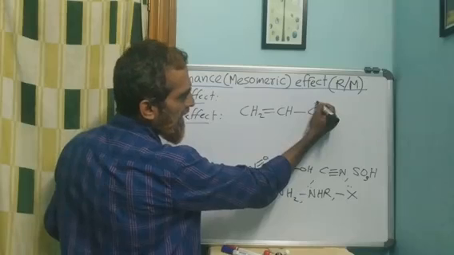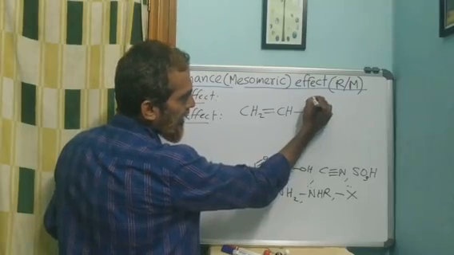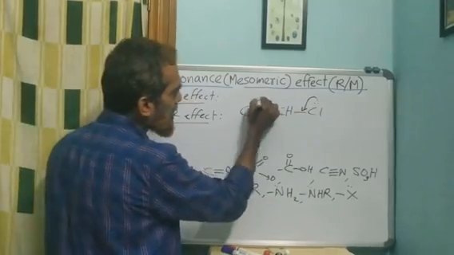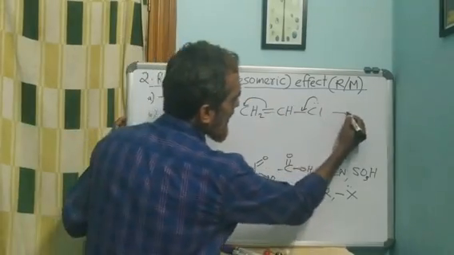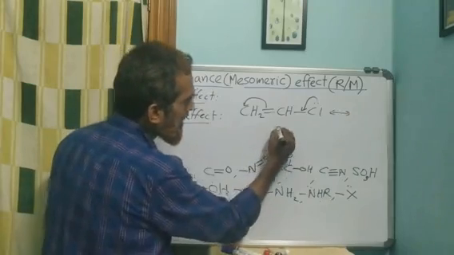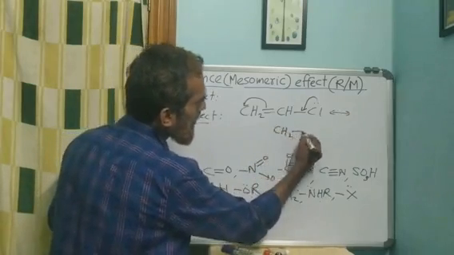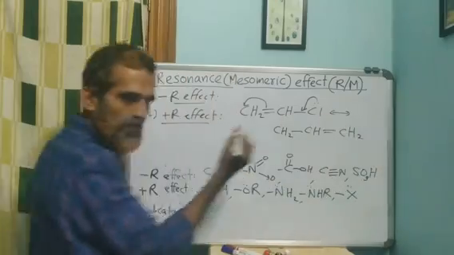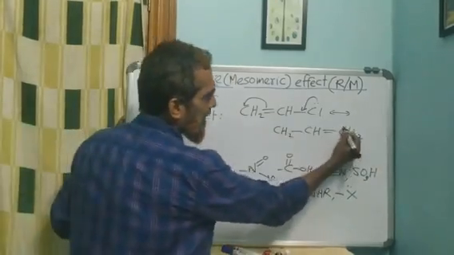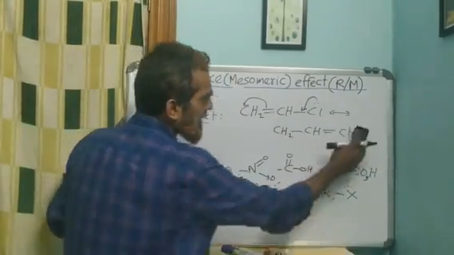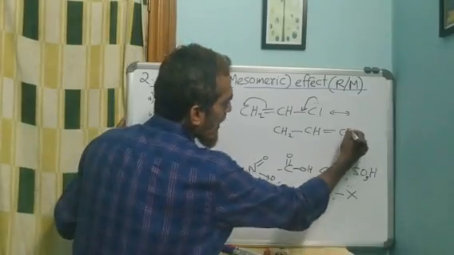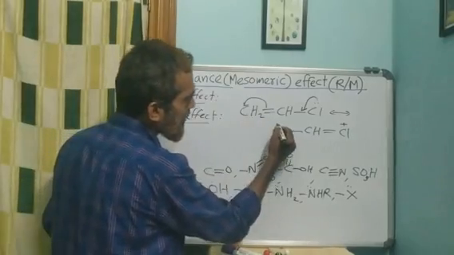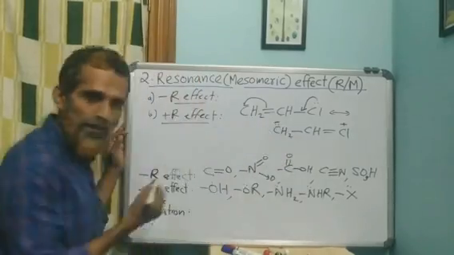What happens here? This lone pair will come to this place, so that the pi bond should move to this carbon. We get the next resonance structure, CH2 single bond CH double bond CH2. What about the charges? This is Cl. This chlorine develops a positive charge, and this CH2 develops a negative charge and lone pair.